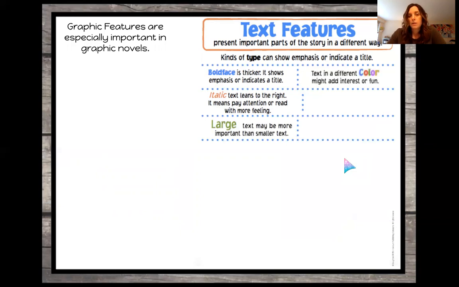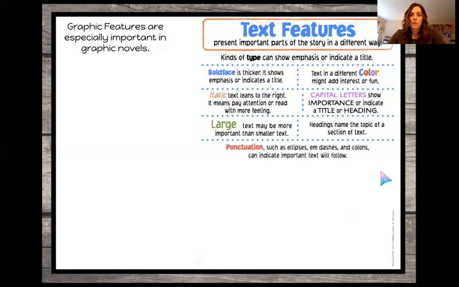Text that's in different colors maybe is meant to just add interest or be fun. Capital letters can show importance. They can also indicate a title or a heading. And headings name the topic of a section of text. Then we also have punctuation.